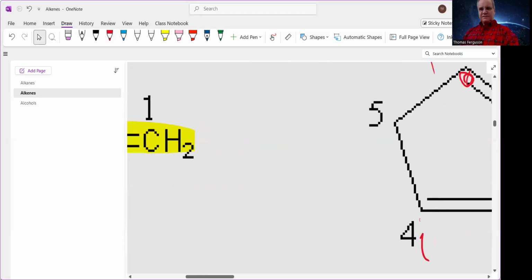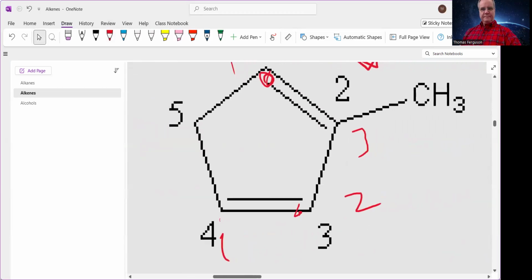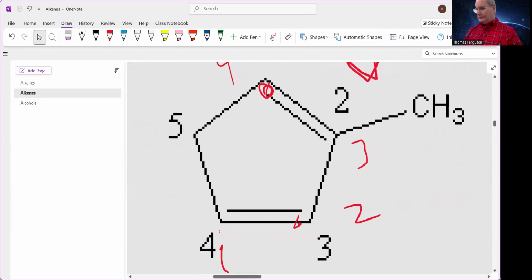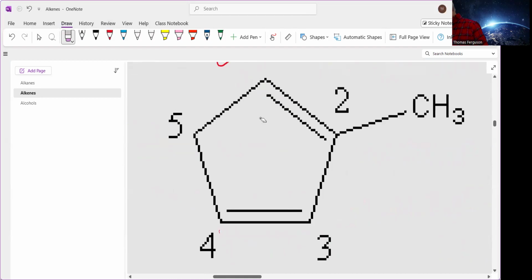Okay, so let's look at the cyclic nature now. On a cyclic compound, the functional group normally is carbon number 1. In this case, the functional group is a double bond. So we can either choose the bottom one or the top right one.